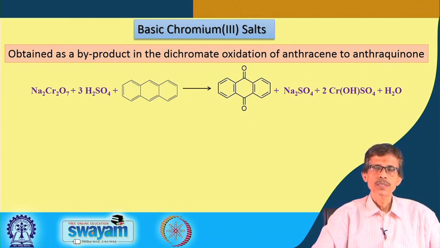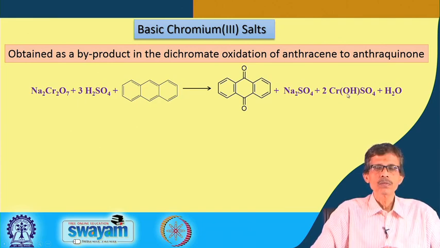So, 3 plus 3, it is a 6 electron reduction process, and by doing so we were able to produce more of this anthraquinone derivative, and some hydroxide groups.